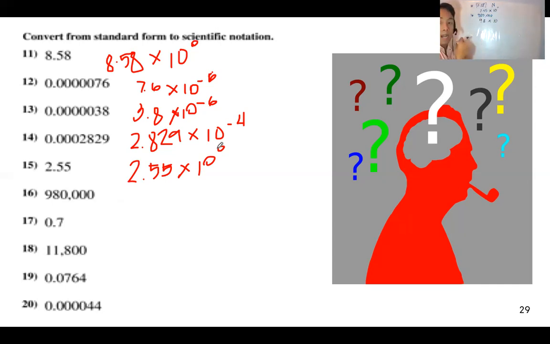So therefore, ang decimal point natin ay nasa end. Tama? Our point is at the end of the number. So we will move our decimal papunta rito. So we will move to the left. 1, 2, 3, 4, 5. So this is 5. Okay? We moved to the left. So therefore, our sign is positive. So ang ating sagot is 9.8 times 10 raised to 5.